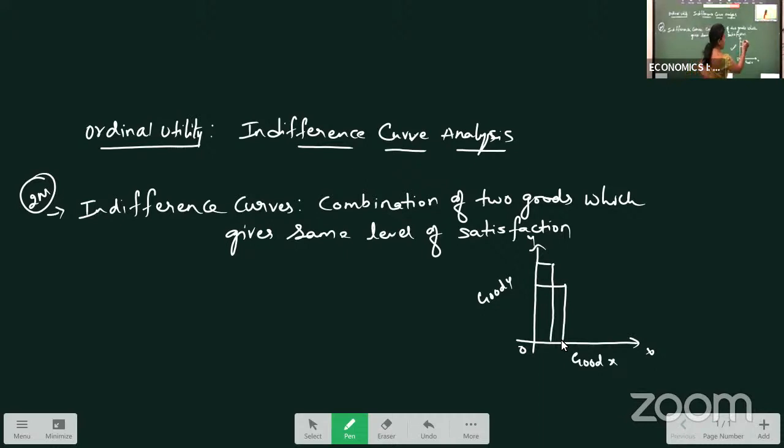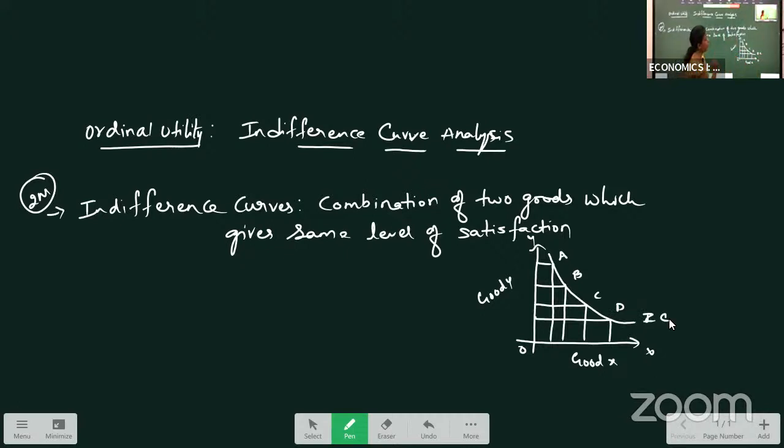Now this is one combination A, this is another combination B. In the next combination I reduced Y, meaning I decreased bananas, and increased apples. Then this is combination C, and one more combination, D. When you join all the combinations, this is an indifference curve.